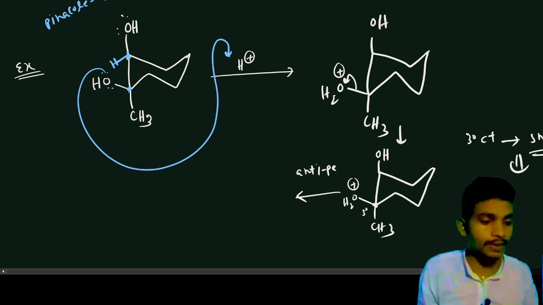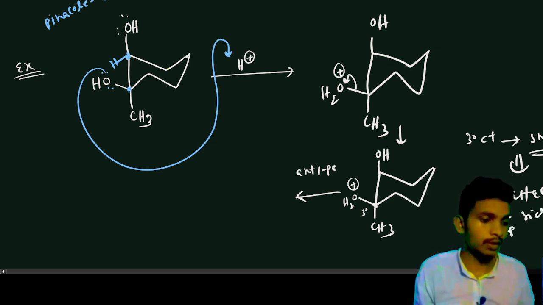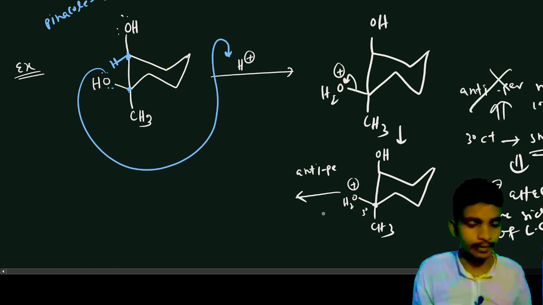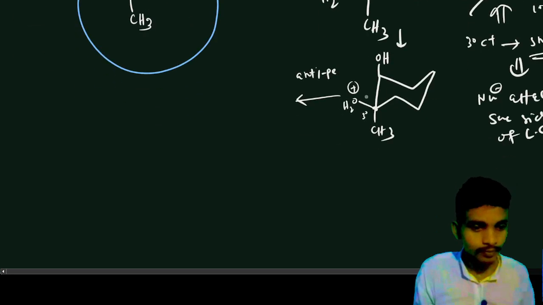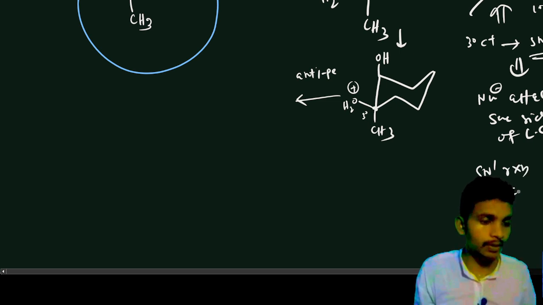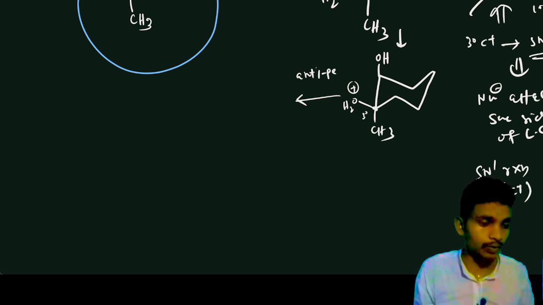In an SN1 reaction, the nucleophile attacks the same side as the leaving group. It means that for 3-degree carbocations, the anti-periplanar relation is not looked at, so it will not apply here. In this case, for SN1 reactions with 3-degree carbocations, we look at the migratory aptitudes.